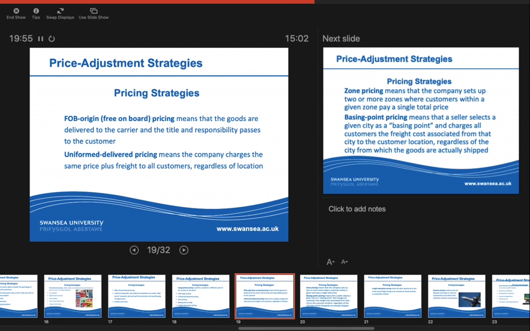So FOB origin, free on board pricing, means that goods are delivered to the carrier and the title and responsibility passes to the customer. So free on board means that, say, we're having a product delivered from India, for instance, then we as customers would pay the cost onto the ship or the method of transportation.